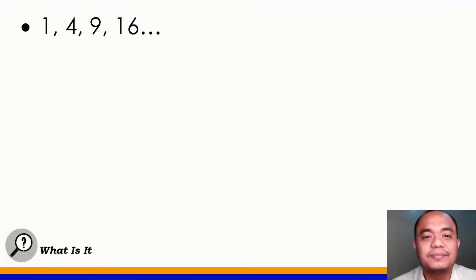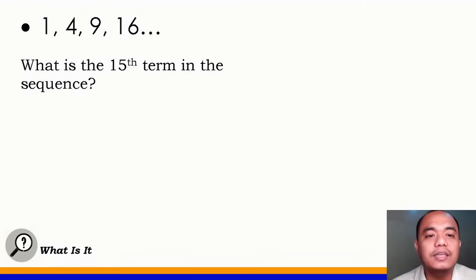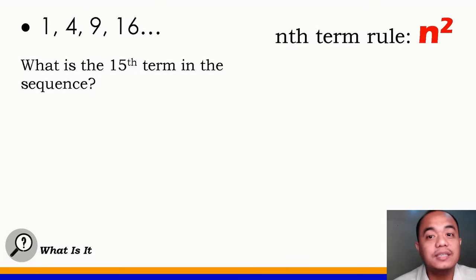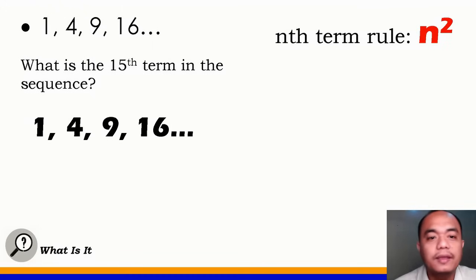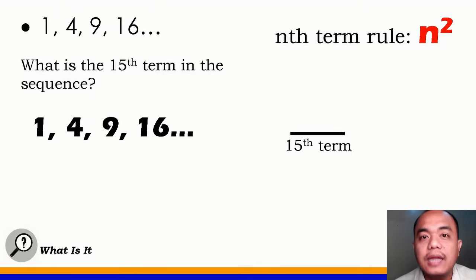So now the question is, what is the 50th term in the sequence? Pang-15. So it's very easy. We'll still use our n-term rule that we formulated. So that is 1, 4, 9, 16, and we are looking for the 5th term. Again, hindi na kinakailangang isolve pa ang pang-5, pang-6, pang-7, pang-8, pang-9, pang-10 na numero sa sequence.